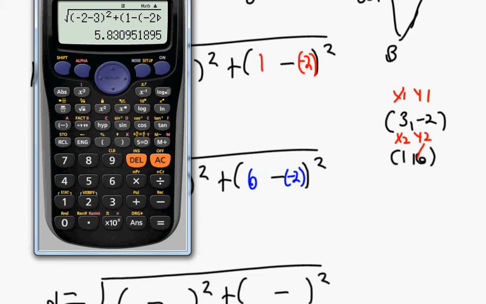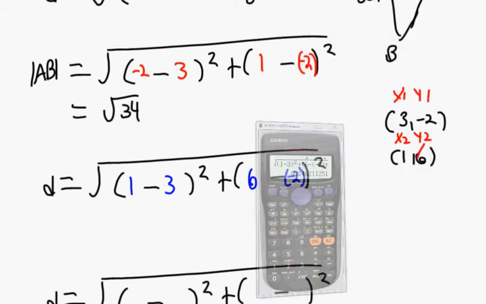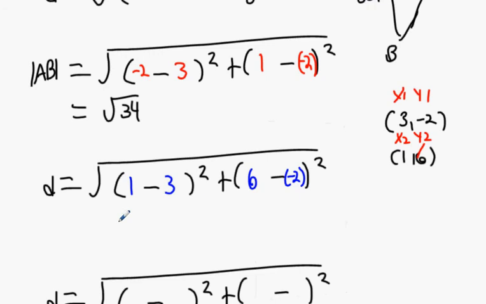Go back into the calculator and try this again. We already have a lot of stuff used from last time, so you just press left a good bit, then press 1 in here, 1 minus 3 squared, and then the other one, 6 minus 2. Press equals: 2 root 17, which is 8.24, or 8.25 rounded off.